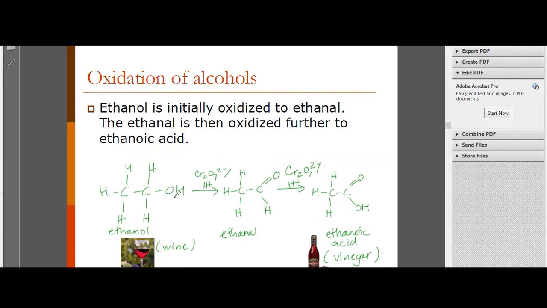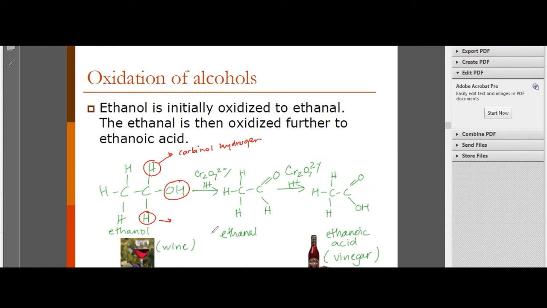In ethanol, the OH is attached to this C, and this C has two other H atoms. These H atoms are called carbonyl hydrogens, so there are two carbonyl hydrogens.